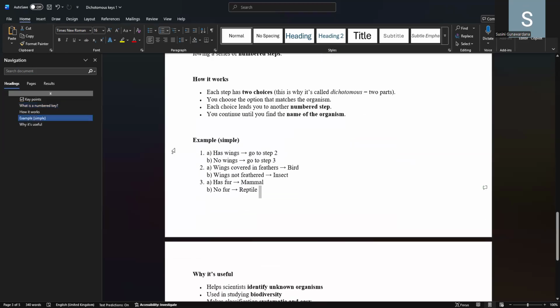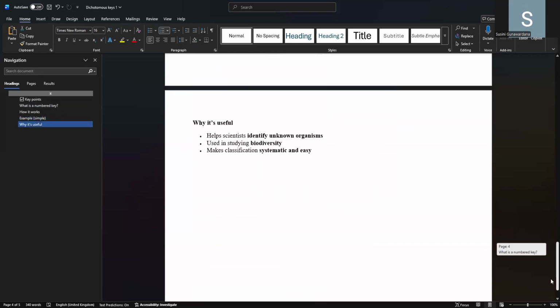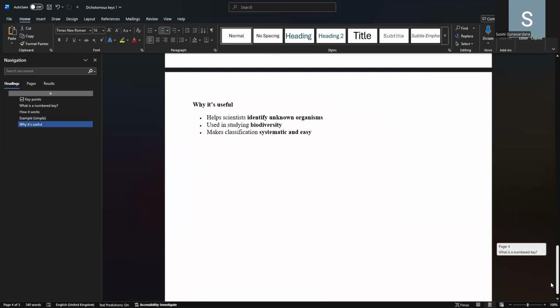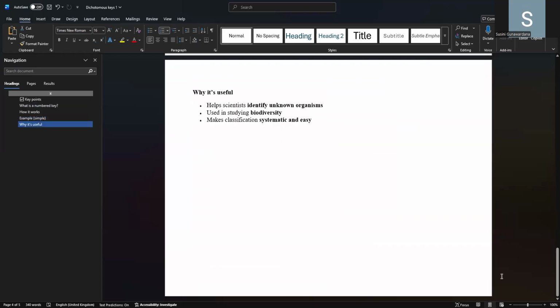Here, can you see 1A, 1B, 2A, 2B, like that. There is a series of numbers. So this is also easy for identifying organisms and also for the classification of organisms.